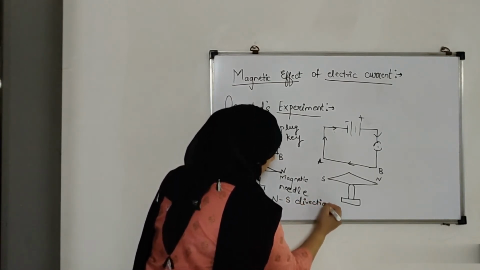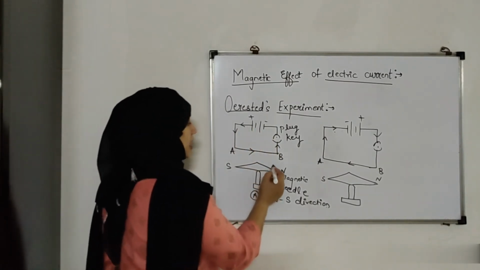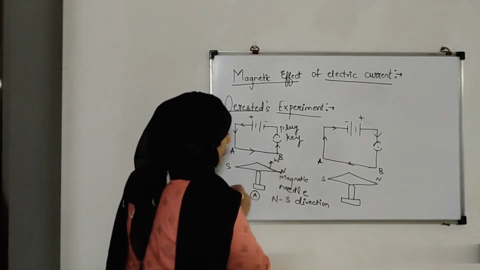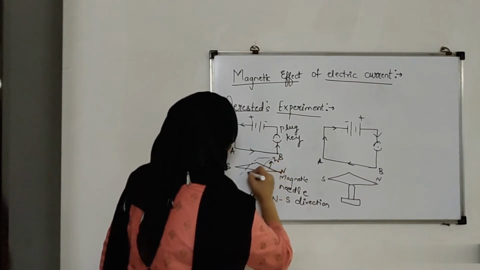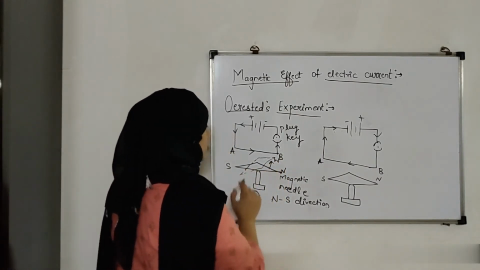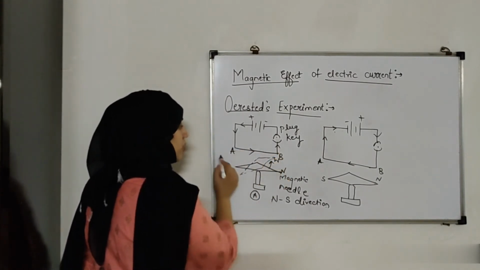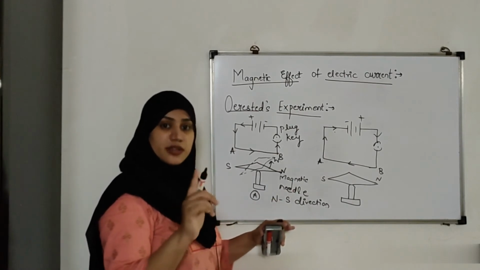When we start the circuit, when the current is passing through the circuit, the needle starts to deflect. It is going to deflect to the west side, like this. So what it shows is that a magnetic field is produced around this conducting wire. That's why the magnetic needle is deflecting.